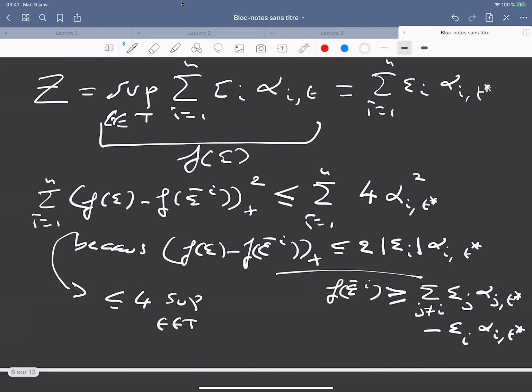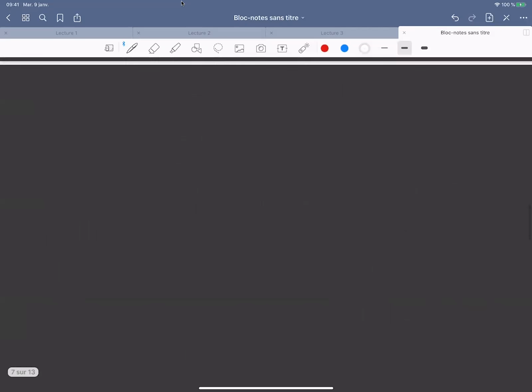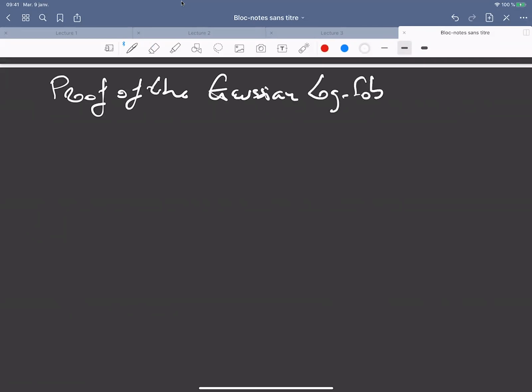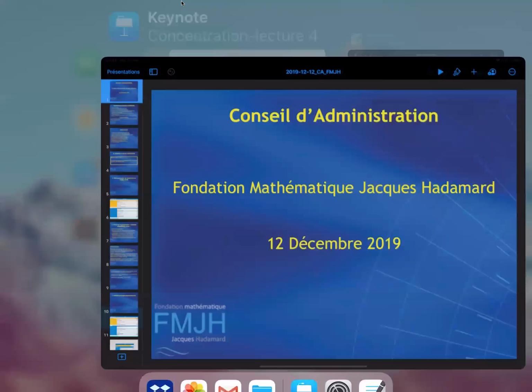So now let's turn to the proof of the Gaussian log-Sobolev inequality. Sir, could you show the previous slide?